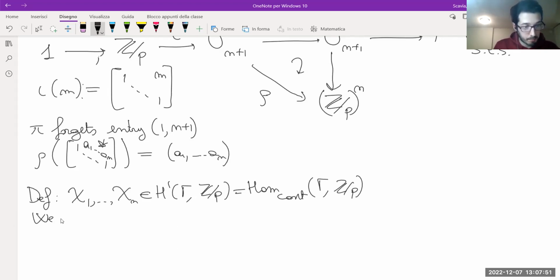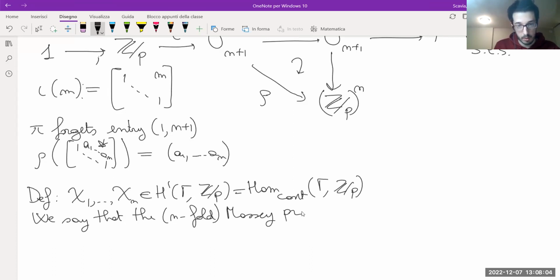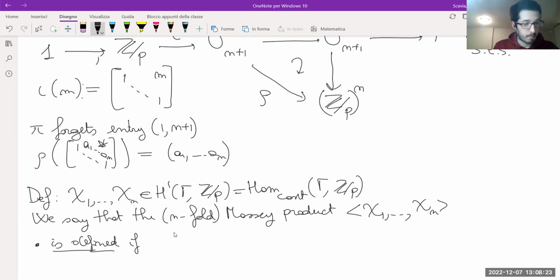We say that the n-fold Massey product chi 1 through chi n is defined if I take the n-tuple chi 1 through chi n. Each chi i is a homomorphism from gamma to Z mod p, so the whole thing is a homomorphism from gamma to Z mod p to the n.